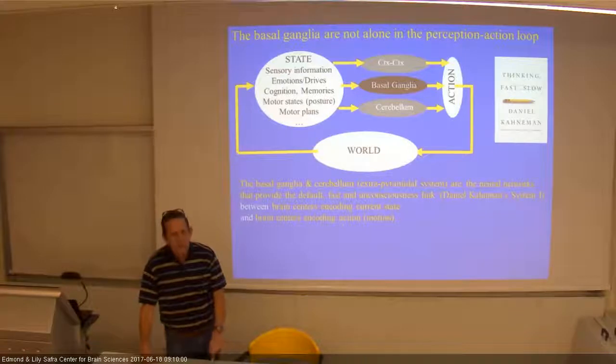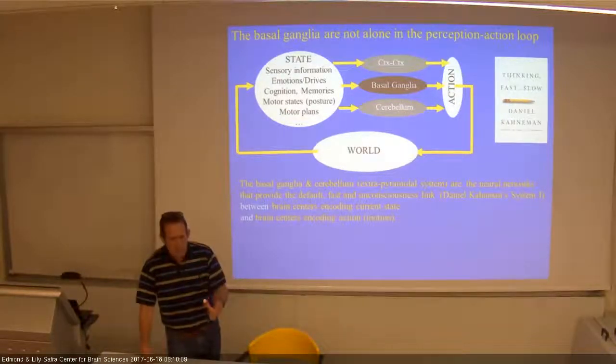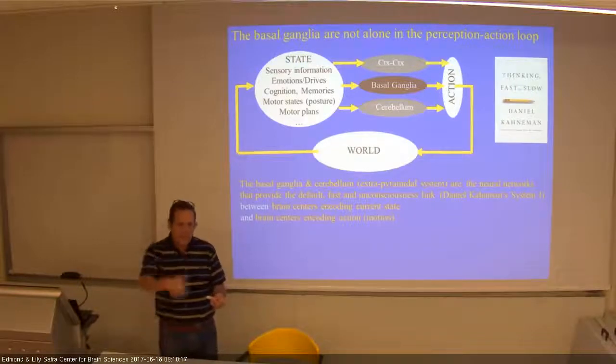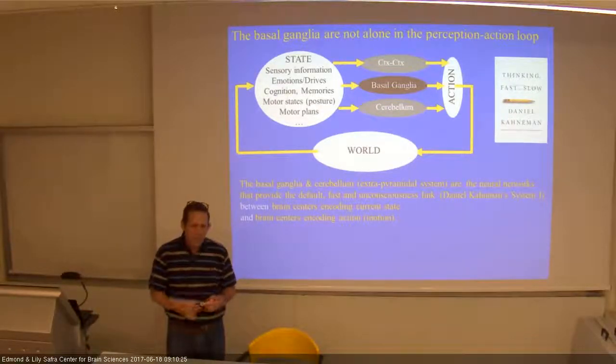That actually are the origin of the descending pathway to the spinal cord of motor axons. I mentioned specifically superior colliculus, pedunculopontine nucleus, but there are also the vestibular nuclei. This is the origin of the vestibulospinal pathway, and there is also the reticular formation, the origin of the reticulospinal connection.